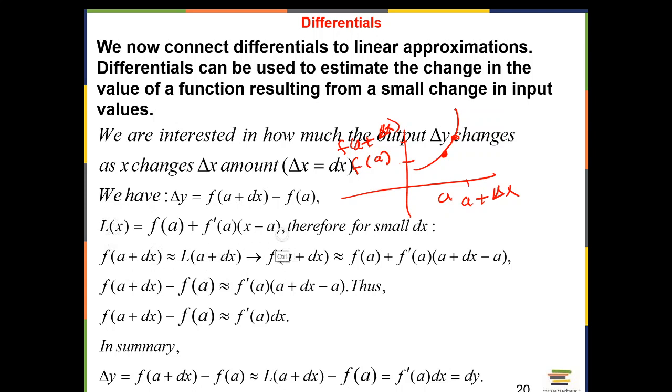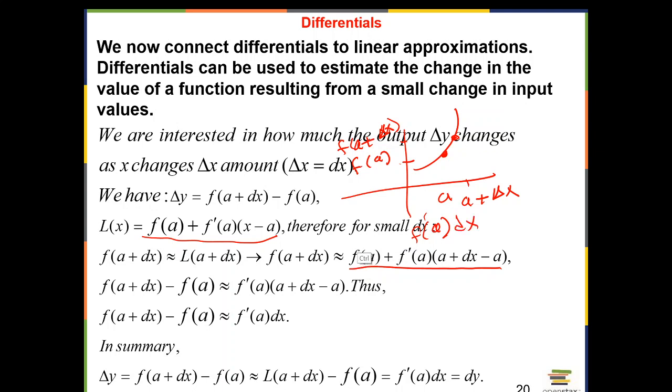Now, if we substitute x plus dx for x here, what do we get? We get a plus dx minus a, and the a's go away. So what we get is f of a plus dx equals f of a plus f prime of a times dx.